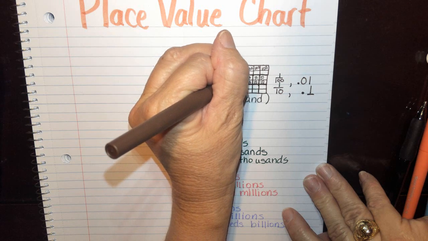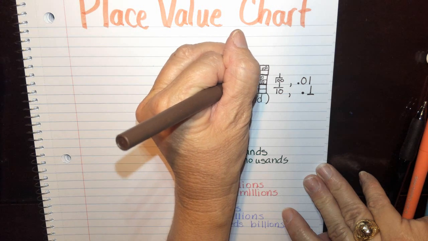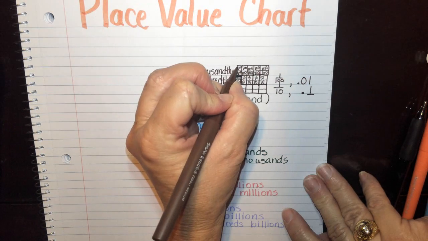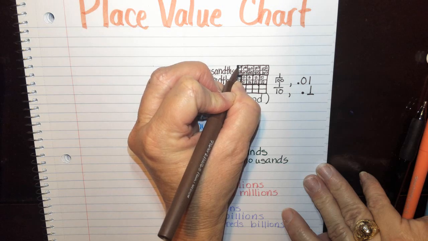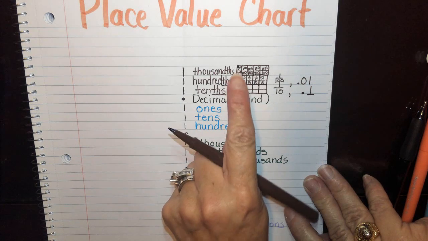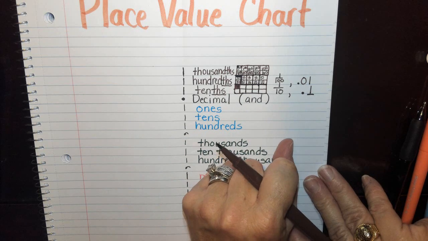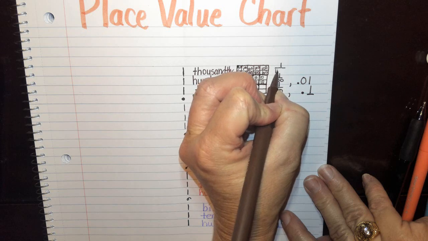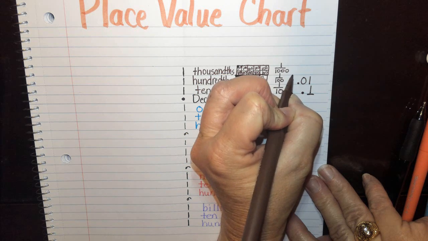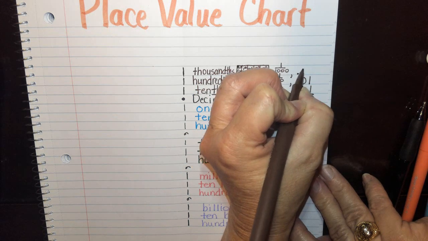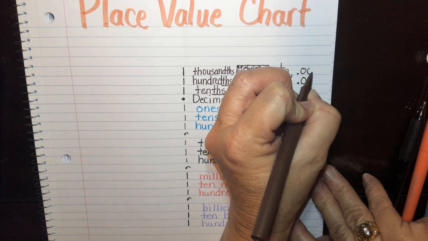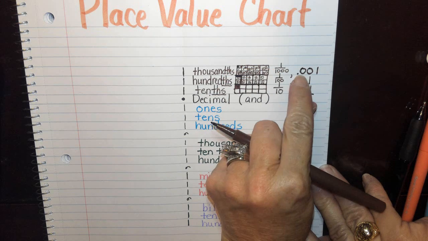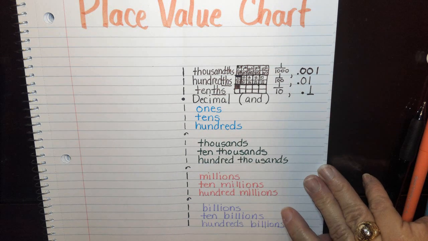And so if we have 10 groups of 100, we have 1,000. And so that piece is going to look like a little bitty tiny piece. So it's gotten much, much smaller. And writing that as a fraction is going to look like 1/1,000 or decimal 0.001. So the 1 would be in the thousandths place. That's 3 places from the decimal.